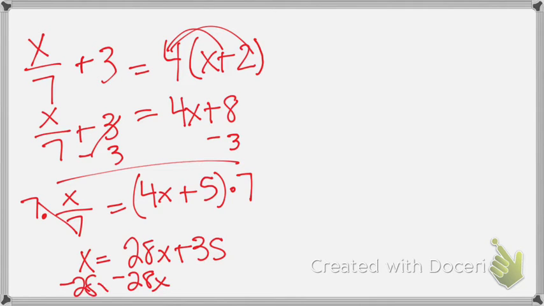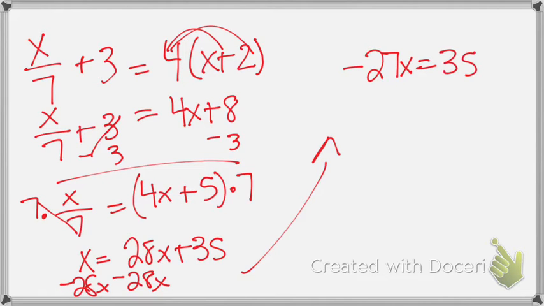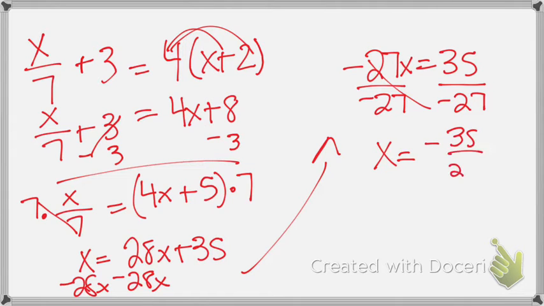Subtract 28x. Divide both sides by 27. Once again, this cannot be simplified. So we're going to leave it like so.